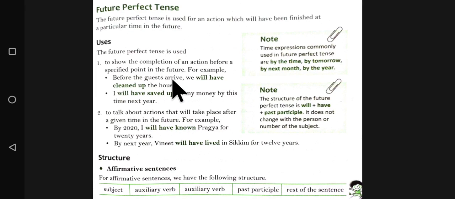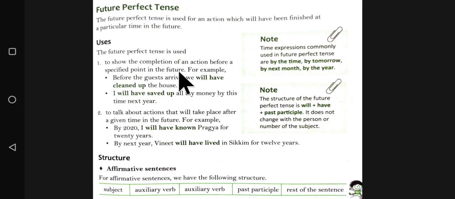So the first use of future perfect tense is to show an action that will be completed in the future before a particular or specified point in the future.